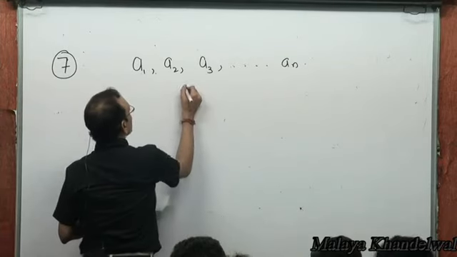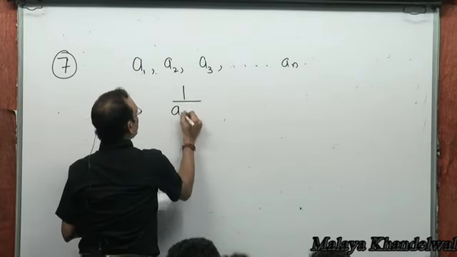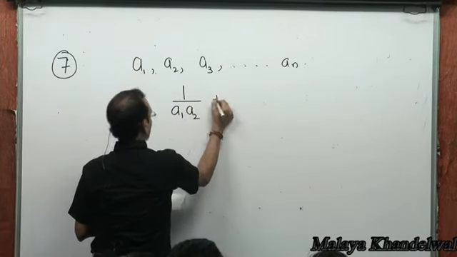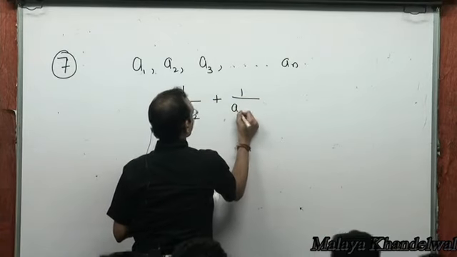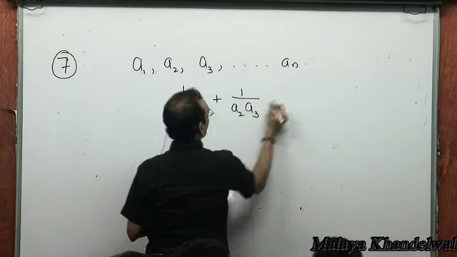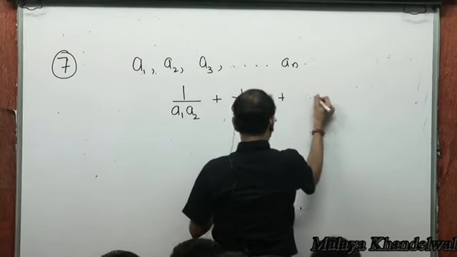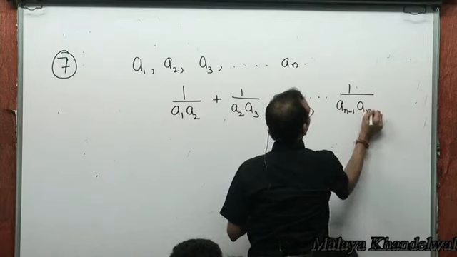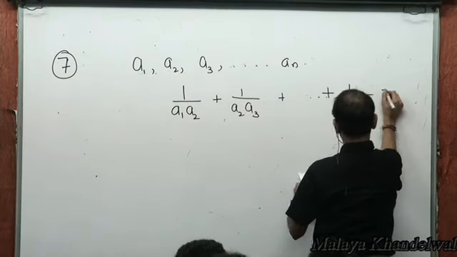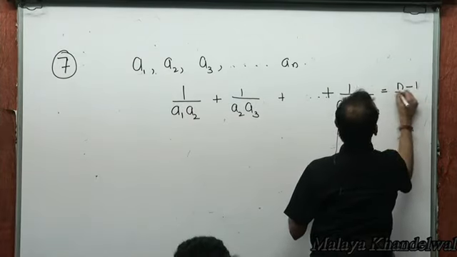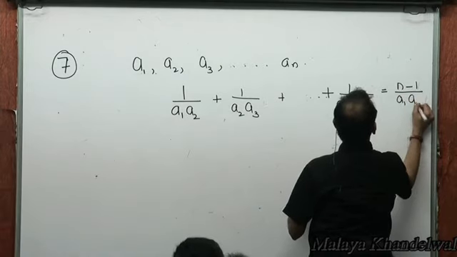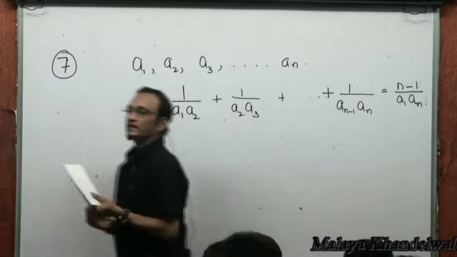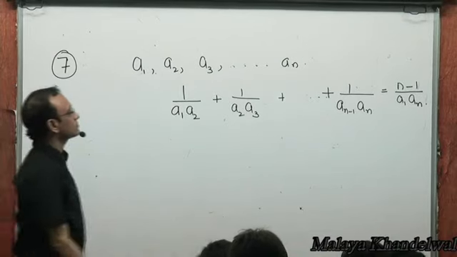We want to be able to establish 1 by A1 A2 plus 1 by A2 A3 plus up to 1 by A(N minus 1) AN equals N minus 1 by A1 AN. N minus 1 by A1 AN, that's what we want to establish.